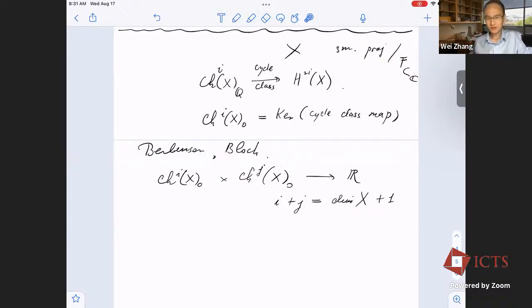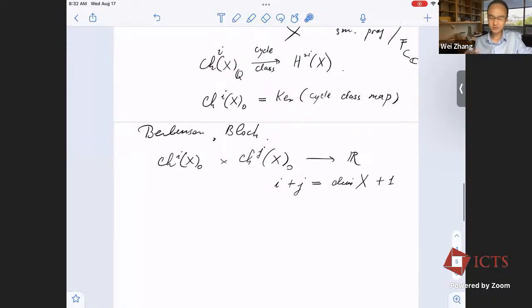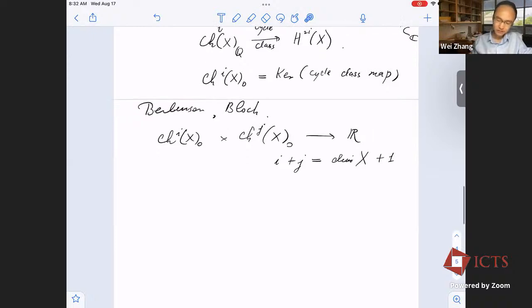So you expect to take some arithmetic intersection pairing. Unfortunately, this height pairing is not completely defined unless you impose conditions, such as if the variety has good reduction everywhere, or a very strong conjecture on the special fiber.